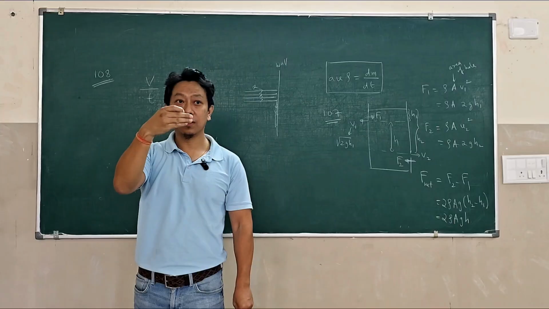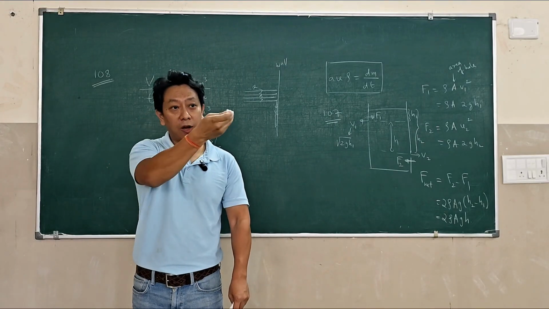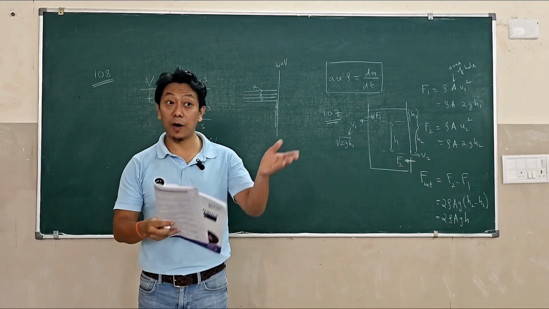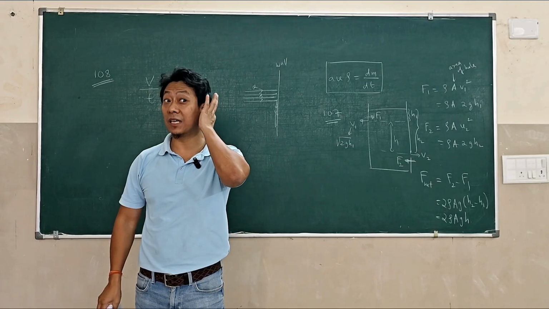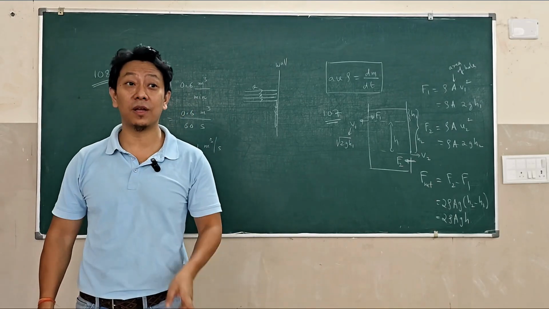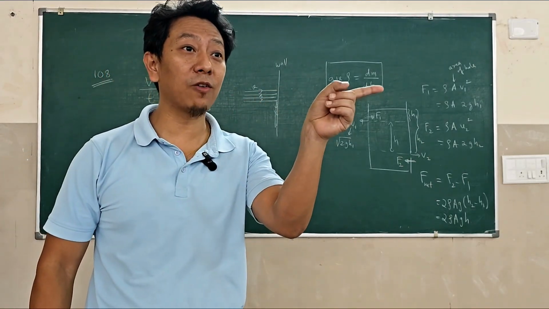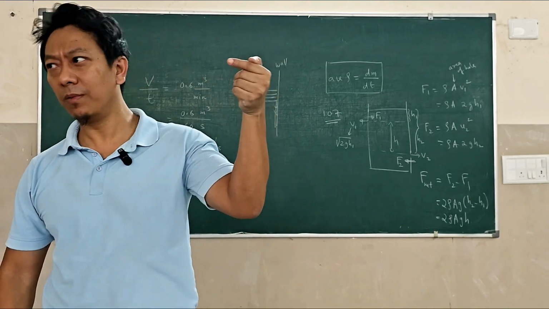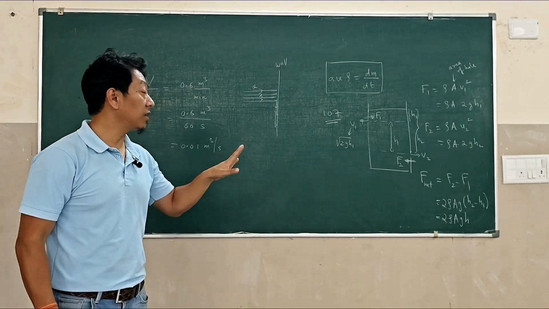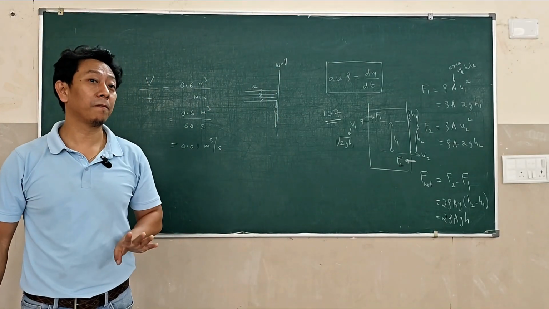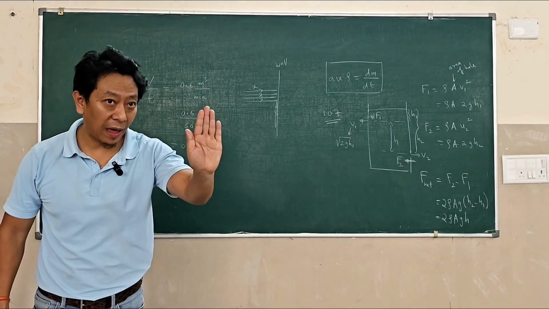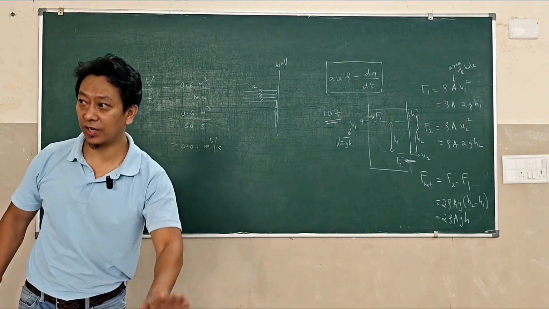So after hitting, there is no momentum along the x direction. It can rebound also. If it rebounds elastically, it hits with v and comes back with minus v, meaning v in the opposite direction. But here they told us it does not rebound. So it hits with v and stops, then just falls vertically.